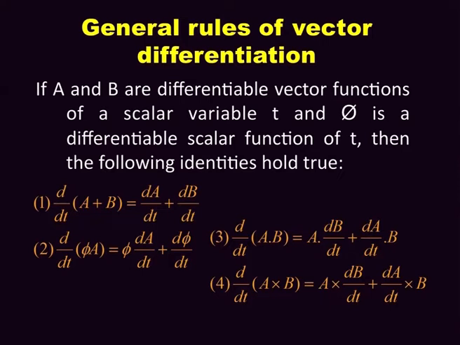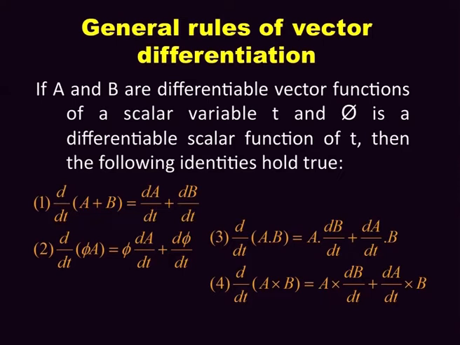The first identity is d/dt of (A + B) is the same as dA/dt + dB/dt, which is called the linearity property. The second one is d/dt of (φA) = φ dA/dt + dφ/dt A.